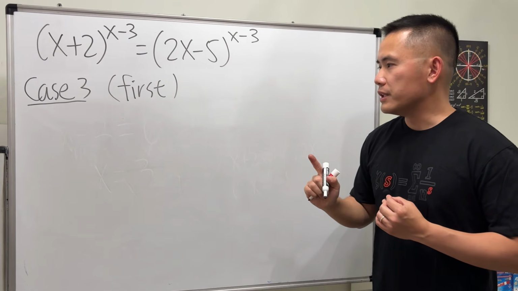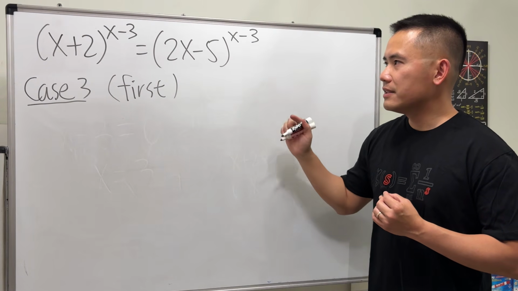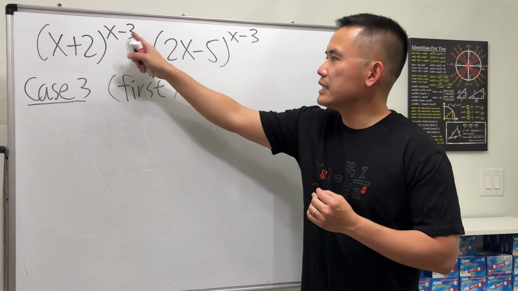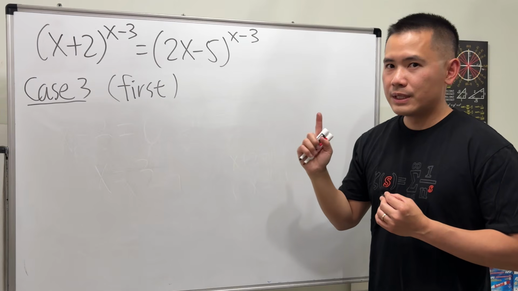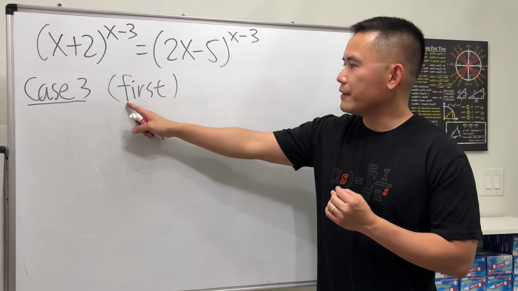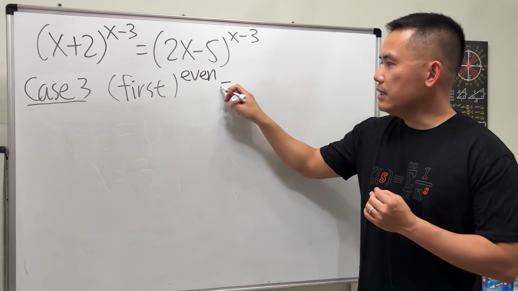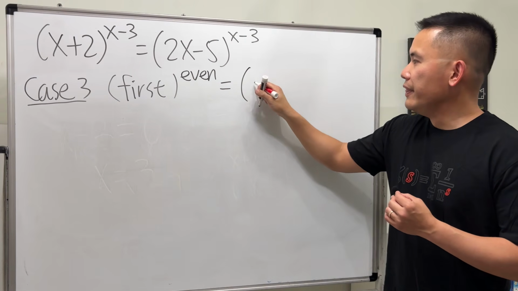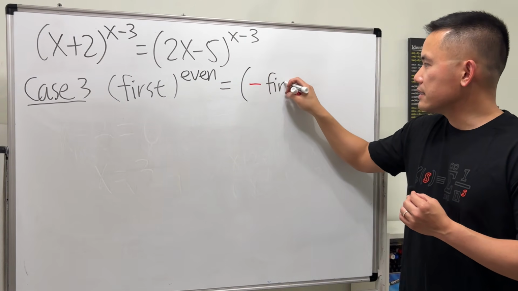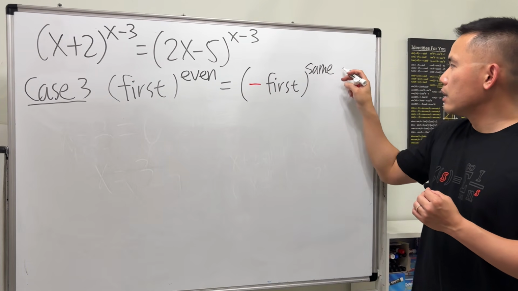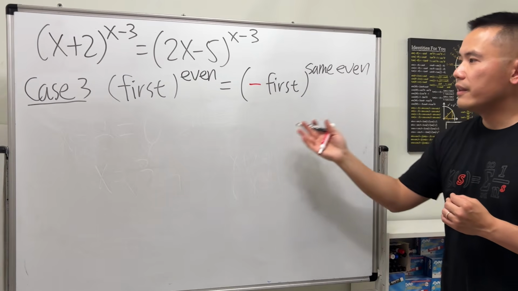In fact, I think this is the reason why case 3 is possible, because the exponents are the same. So if we have the first base to an even power, and this is equal to the negative of the first base to the same even power, then they are the same.